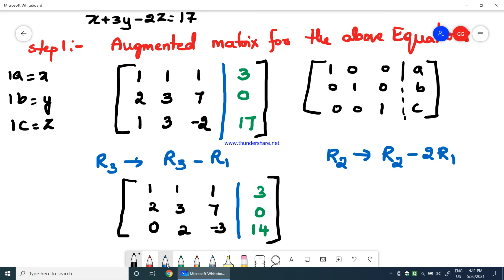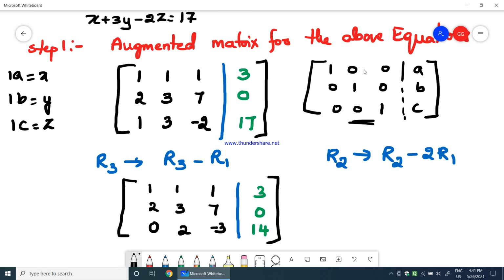We are trying to convert the given set of equations to this particular matrix by applying row operation techniques, so that this will be multiplied with a and give you x, this will be multiplied by b and give you y, and this one will be multiplied by c and give you z. Why?